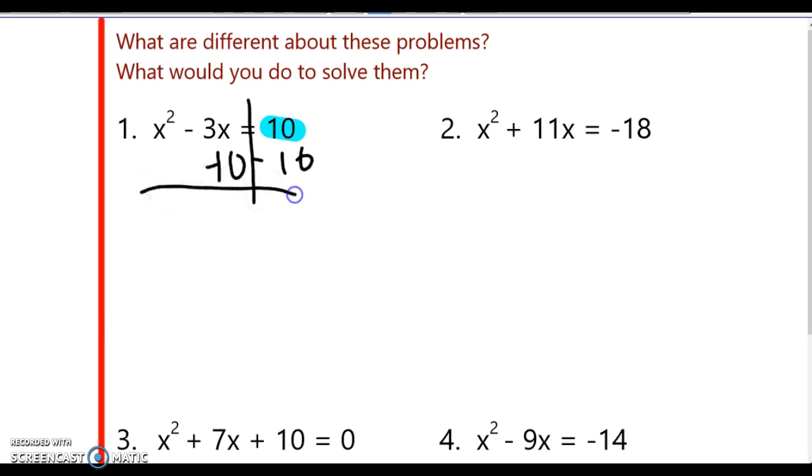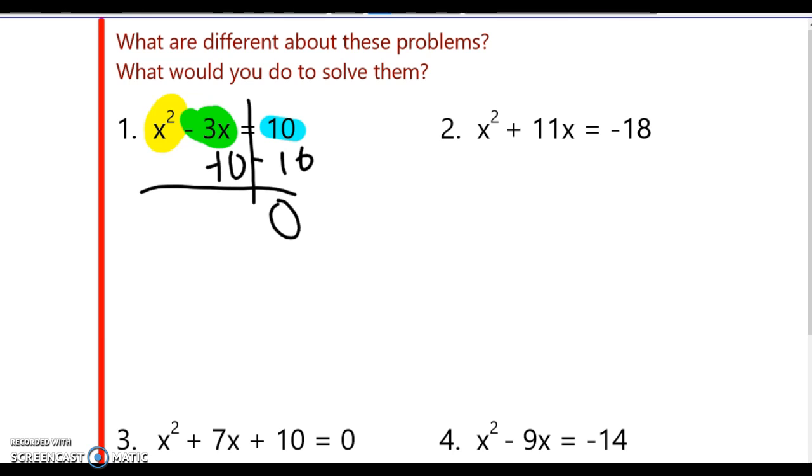So here I just subtracted that 10 from both sides, so I get 0 over here. Now, one of the problems is people ask, where do I take that 10 from? Well, first of all, this is an x squared. Does that minus 10 have an x squared? It does not, so I can't take it from there. This right here is a negative 3x. Does that negative 10 have an x on it?